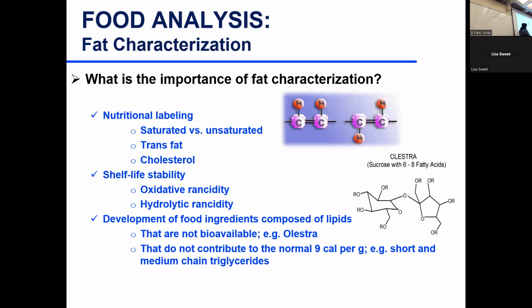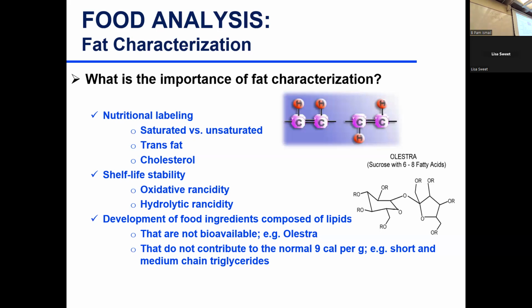There are ingredients that are developed to mimic lipid and don't have caloric value. Olestra is one, which is really a sucrose with 6 to 8 fatty acids. It does not contribute 9 calories per gram.